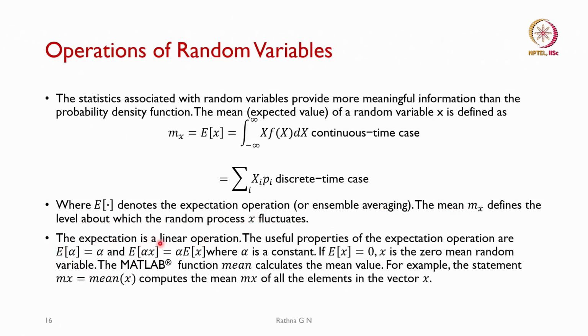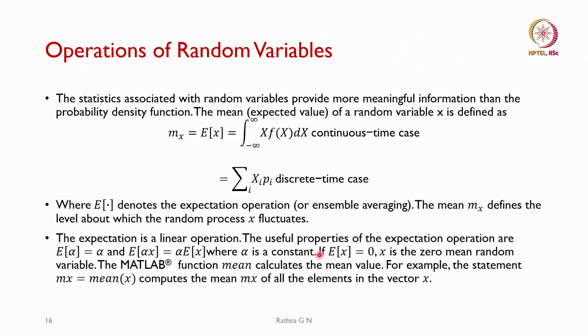So, you will see that it is a linear operation. The useful properties of the expectation operation are: the expected value of alpha is equal to alpha, and the expected value of alpha times x will be alpha into the expected value of x, where alpha is a constant.